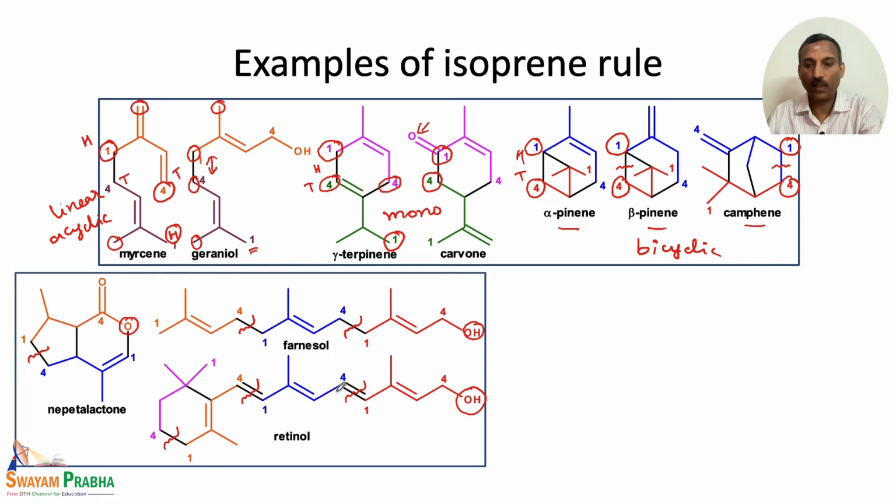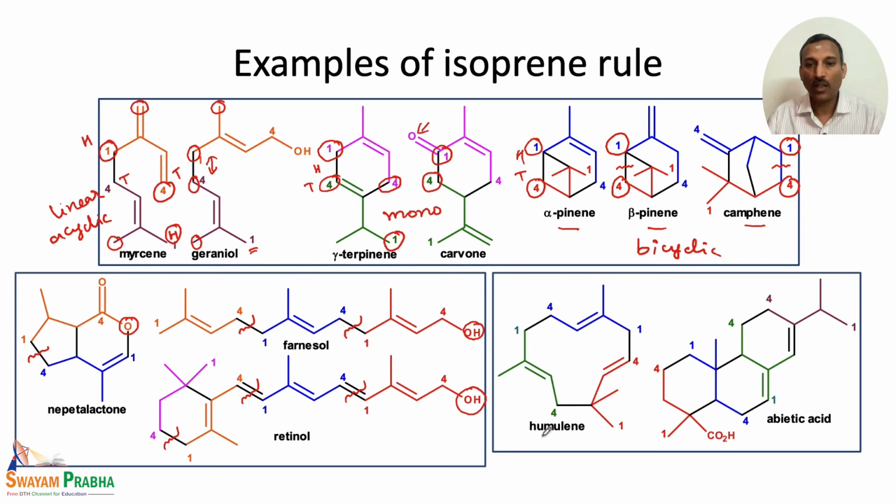And similarly, we also have other bigger systems where in the case of abietic acid, we have multiple isoprene units actually connected together. So here we have the head and the tail combination. And here again we have the head and the tail combination, but in the other case we have actually tail to tail combination.